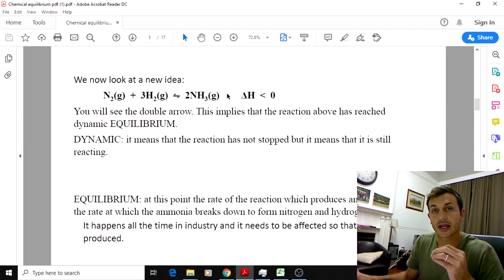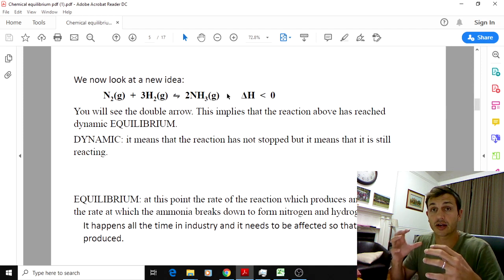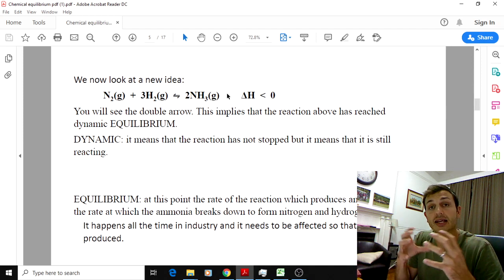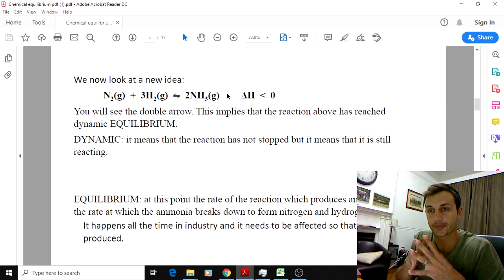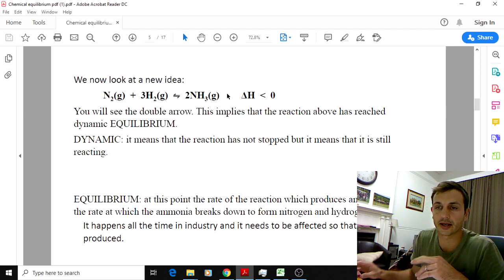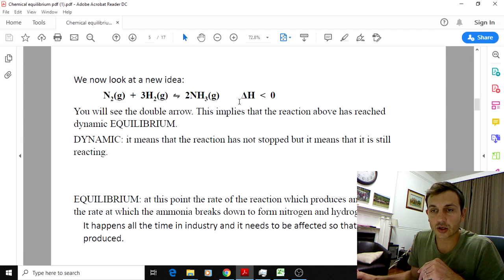Because remember, endothermic reactions absorb heat. So endothermic reactions like heat. So an increase in temperature will favor the direction of the endothermic reaction. Let me just clarify here. If we are told that this reaction is exothermic by looking at this information, then that applies to the forward reaction from left to right. So the forward reaction in this case is exothermic.